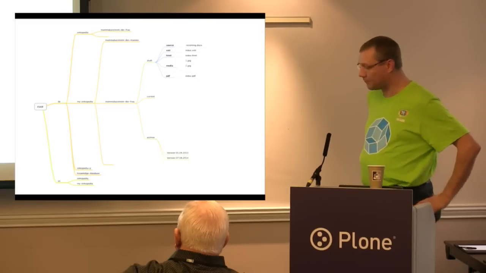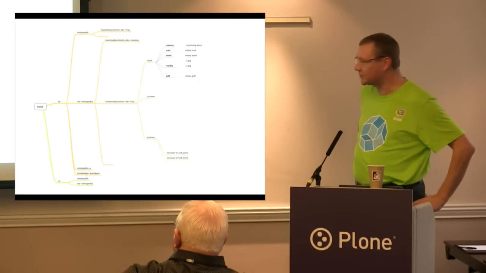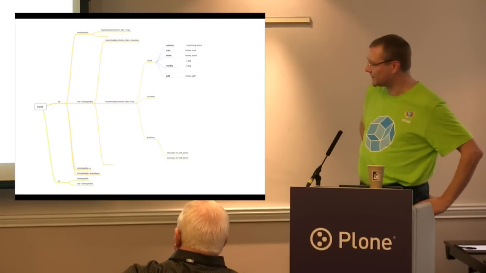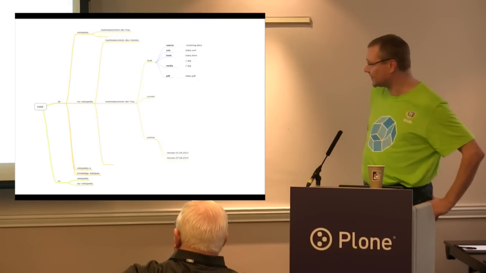Okay, basically we have in eXist-db a document structure like this. We have on the left the root node, and then we have on the first level a separation by language, so it's German and English.